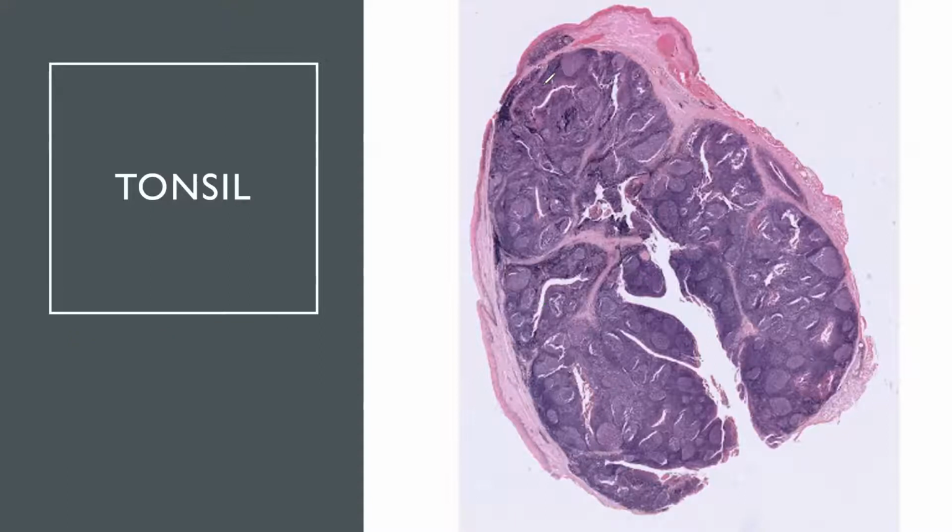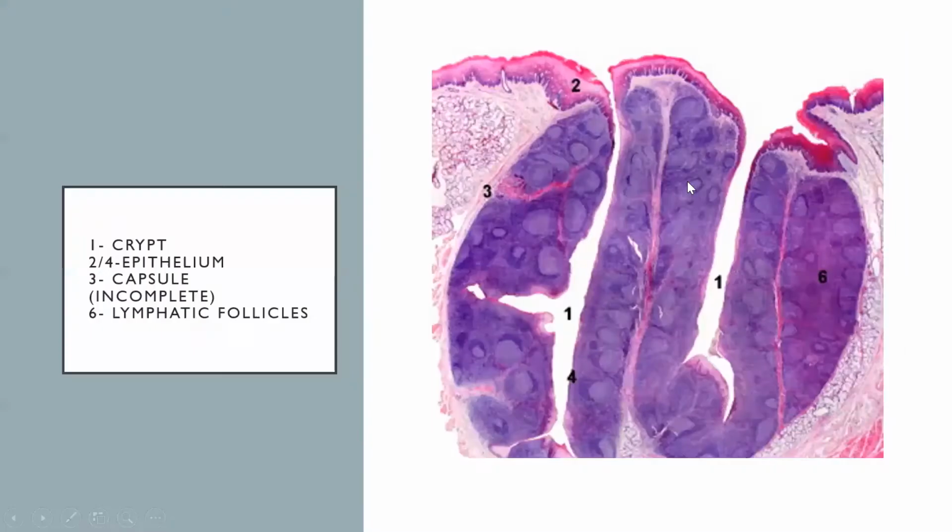In the next picture, again, you can see the epithelium, number 2. This epithelium comes down and makes tonsillar crypt. You have number 3 as the capsule, and here number 6 are lymphatic follicles around the crypt. This is tonsil.